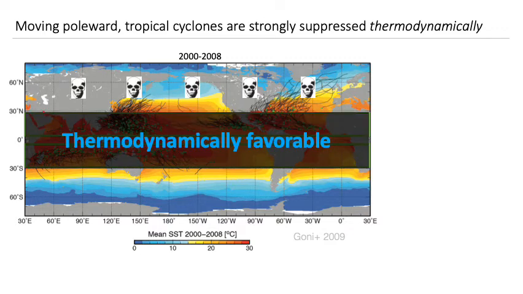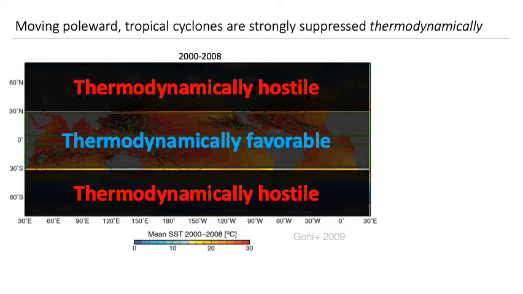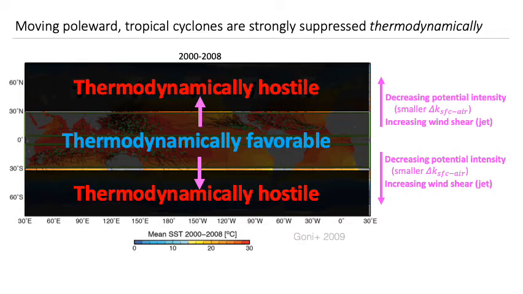At a very broad level, you can think of the tropics as being thermodynamically favorable for tropical cyclones, and then when you move towards higher latitudes, you become rapidly thermodynamically hostile to tropical cyclones. Putting this in the context of the physics of tropical cyclones that we talked about before, as you move poleward, the potential intensity decreases quite rapidly. And this is the big thing: your air-sea enthalpy disequilibrium starts to decrease quite rapidly.